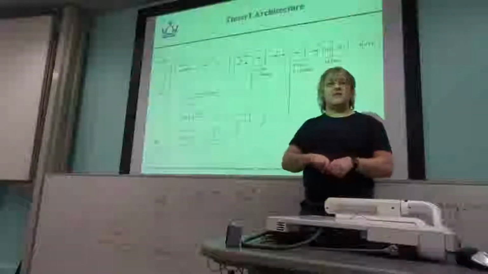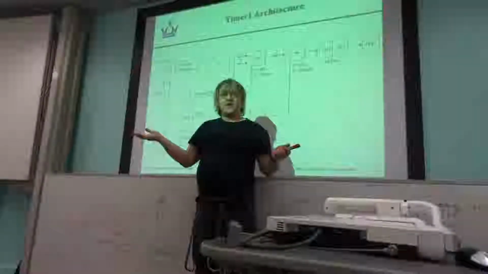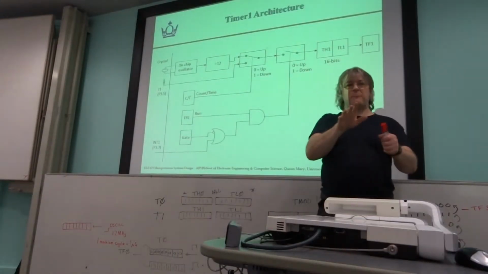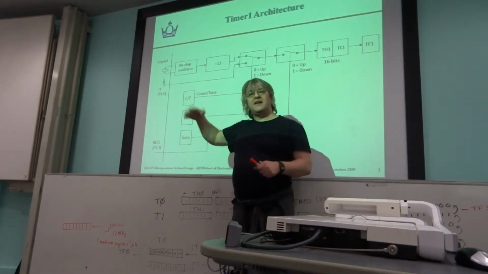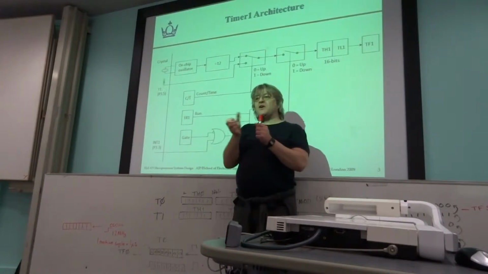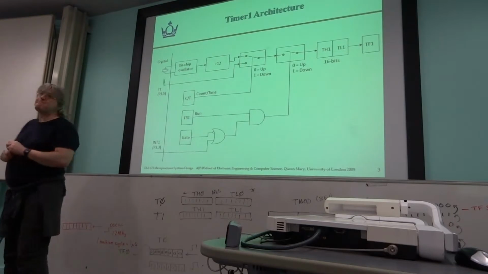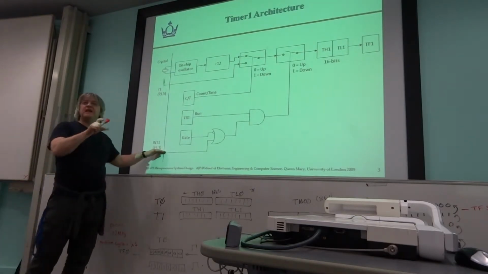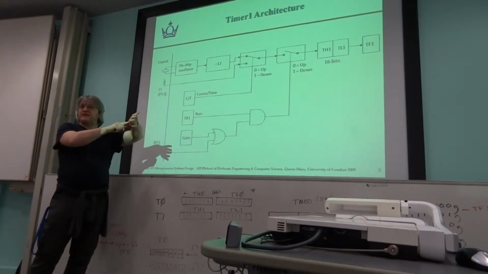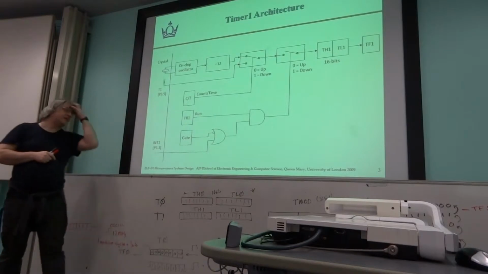So you have a mechanism where you could use this flag to say, I want you to count, but you have an external pin that you could be pressing, that only when that pin goes high does it allow it to count, and when you take your finger off it, it stops counting again. So you can use it like an external enable pin to enable the count for a bit and then stop the counting, enable the count for a bit and stop the counting from an external source.